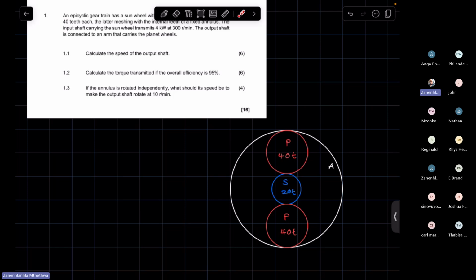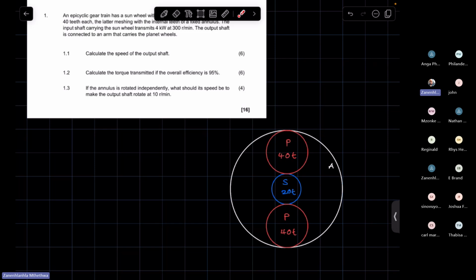Now, the gear meshing with the annulus, which we regard as the planetary gear, the PCD, the pitch circle diameter of this gear, will always be such that if you have a planetary gear here, the distance from here to there will always be equal to the measurement from here to there.